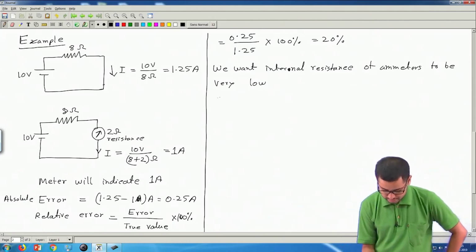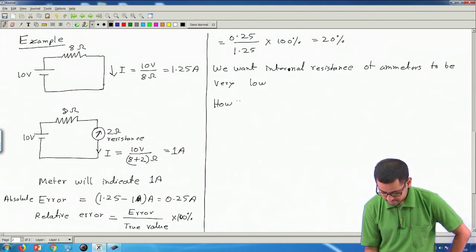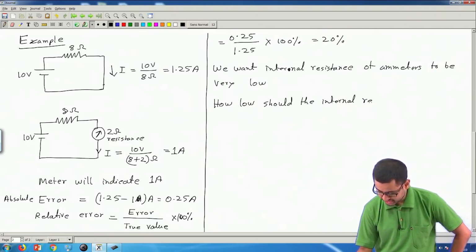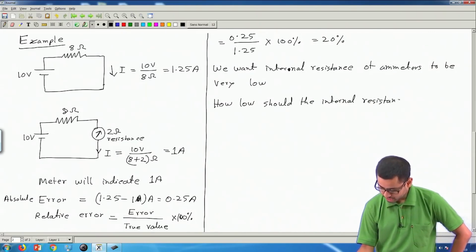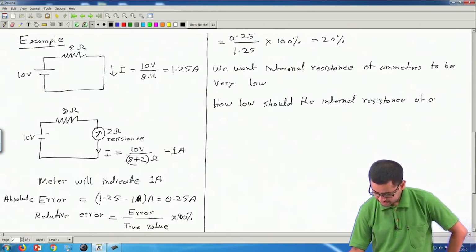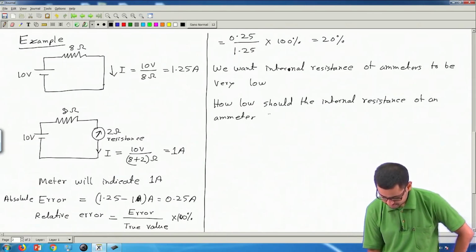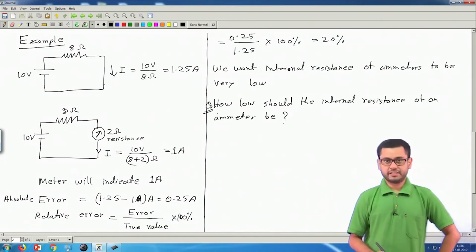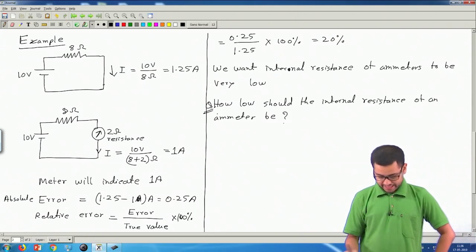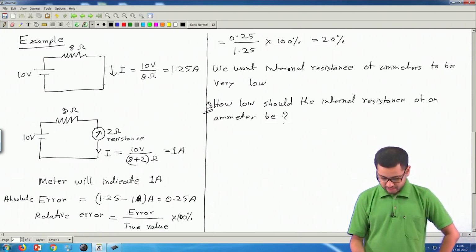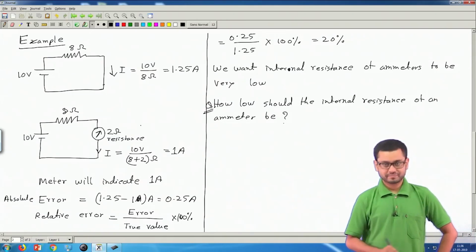So, how low should the internal resistance of an ammeter be? So, this is the question we are asking now, and the answer is actually right in front of us.